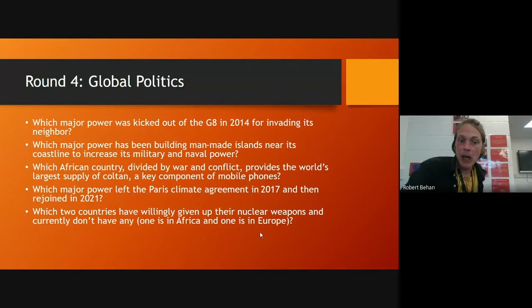Which major power left the Paris Climate Agreement? The climate change agreement between all of the countries of the world about curbing climate change and doing more to protect the environment. Which major power left that agreement in 2017 and then rejoined only just this year in 2021?